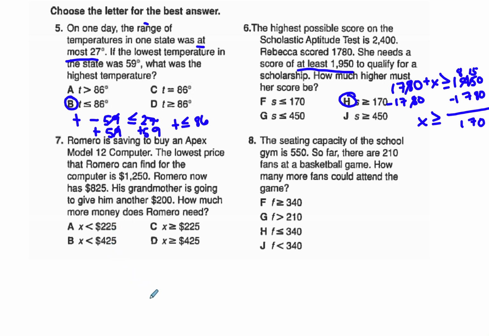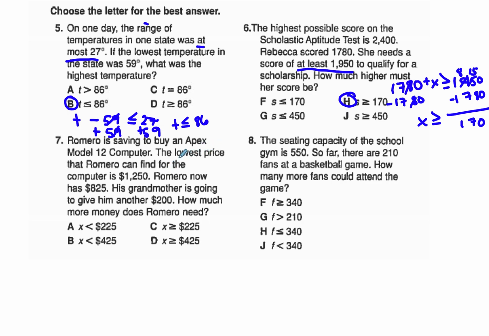All right, let's take a look at number 7. Romero is saving to buy an Apex Model 12 computer. The lowest price that Romero can find for the computer is $1,250. Romero now has $825. His grandmother is going to give him another $200. How much more money does Romero need?